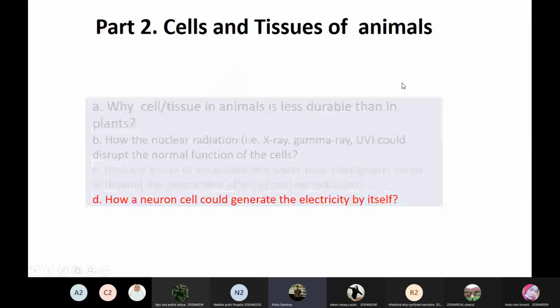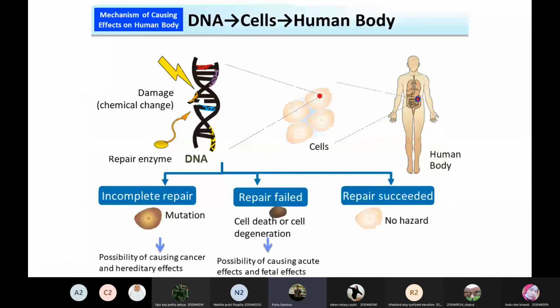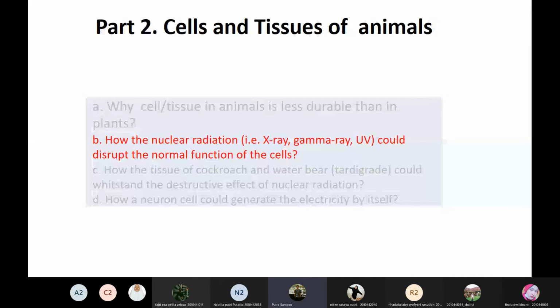So I think all the questions have been answered correctly by Roughly, who presented by himself, and he correctly answered every single question. Why are the cells or tissue in animals less durable? Because of the cell walls in plant cells but not in animal cells.